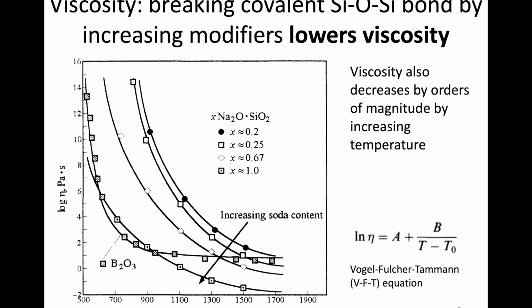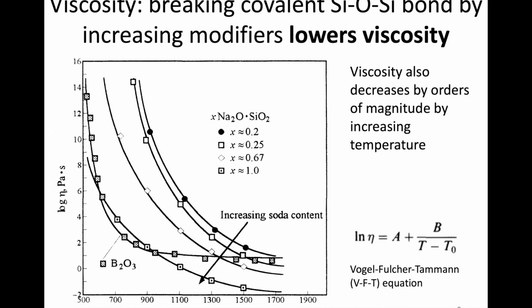All right, so let's look at what else happens from increasing the modifiers. In this case, we're talking increased soda content, so sodium oxide. As we increase the soda content, we're going down in the series, and this curve is basically showing the viscosity. So as we increase the soda content, we're actually decreasing viscosity.